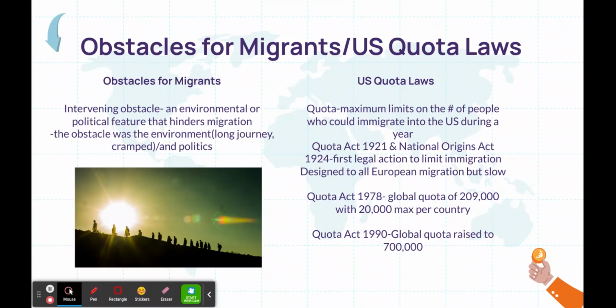It was designed to allow people of European descent to come into the country, but it was meant to keep people out from other regions, because European descent was similar to the people's background in the United States, while people from other regions were not, and they wanted it to be people who were similar to them and not different.